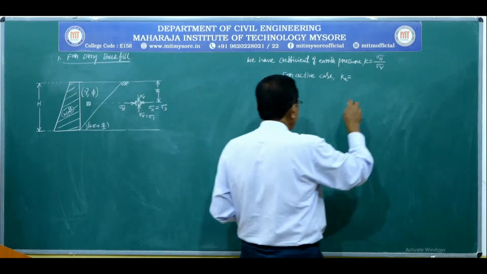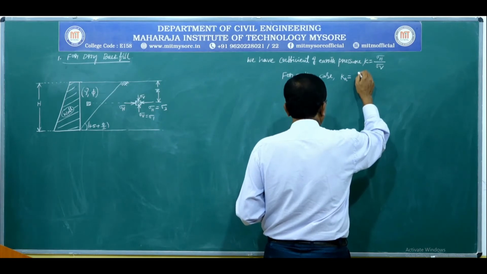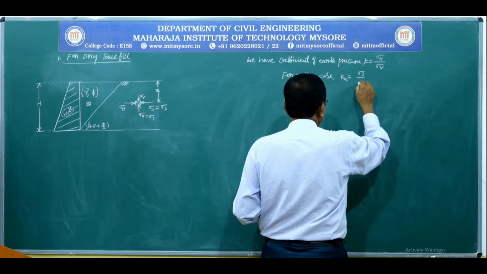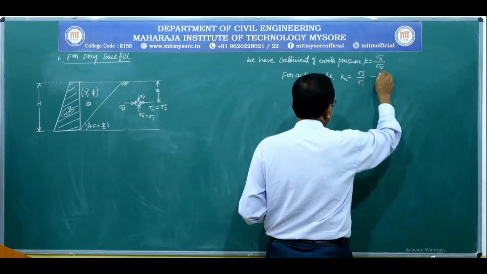So substitute these values here. Sigma h is sigma 3 and sigma v is sigma 1. Call this equation 1.